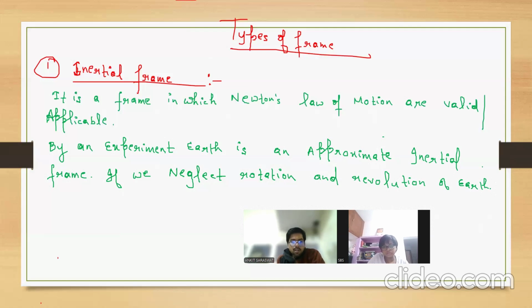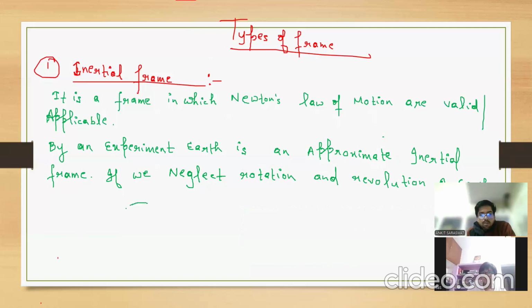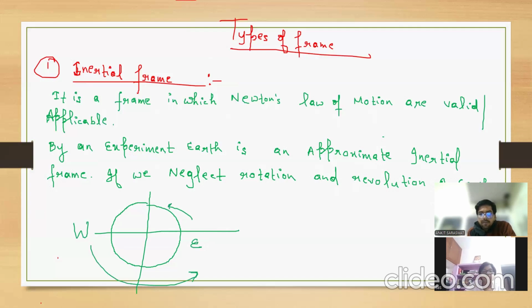Clear? You tell me, how much time does Earth take to rotate? The sense of rotation of the Earth is from west to east, like this, okay? So angular velocity omega is what? Theta by t.